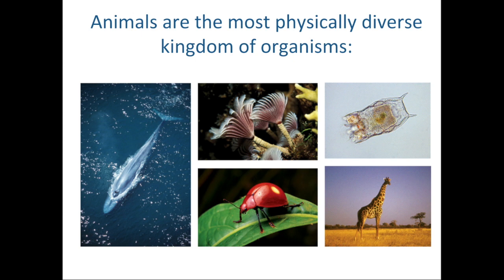So, animals are the most physically diverse kingdom of organisms. Lots of different ways that animals are diverse. One, if you think about the size of these animals, we have the blue whales over here that are 25 meters long as adults.